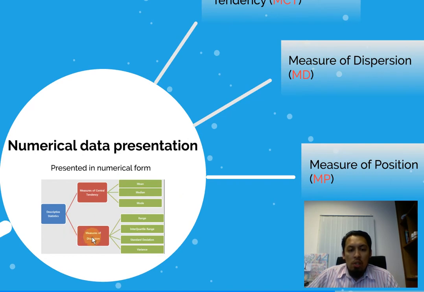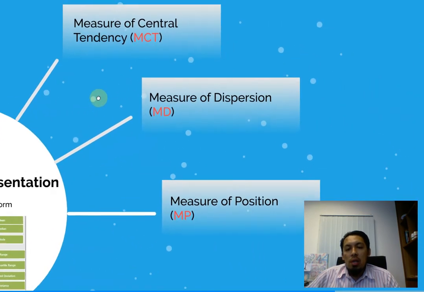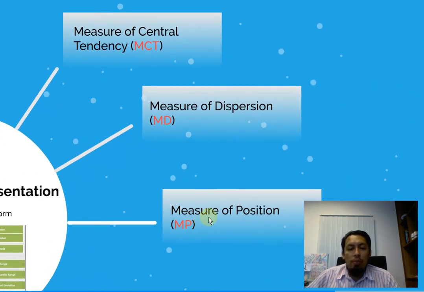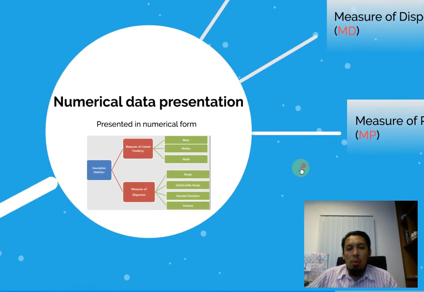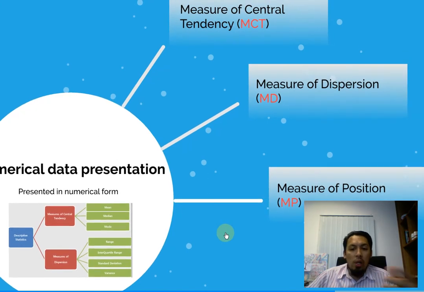Measure of dispersion consists of range and IQR. We will talk about this more later. Standard deviation and variance. And lastly, we have measure of position. Not stated here, but it's actually about percentile and quartile, and we also have Z-score.